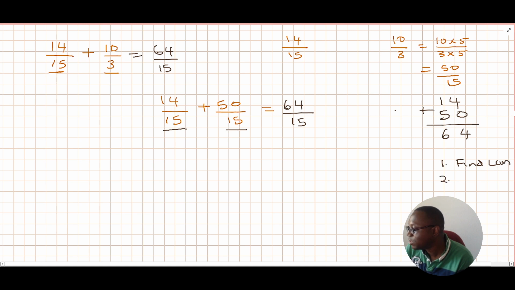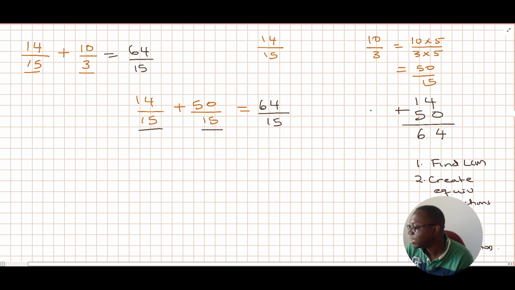The second thing you want to do is create equivalent fractions with the LCM. And then the third thing you want to do is add numerators. And then that should give you all that you need whenever you're trying to add fractions.